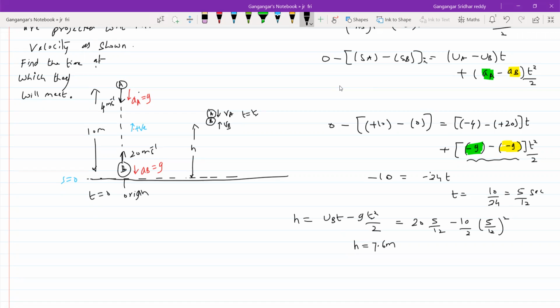Now, can we calculate velocities? Yes, velocities are U_A plus gt and U_B minus gt. When they're colliding, these will be the velocities of the colliding balls.